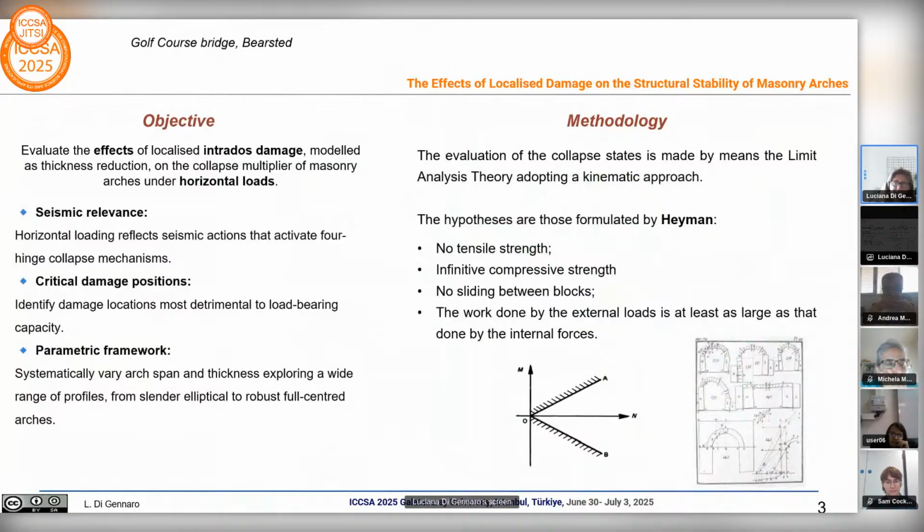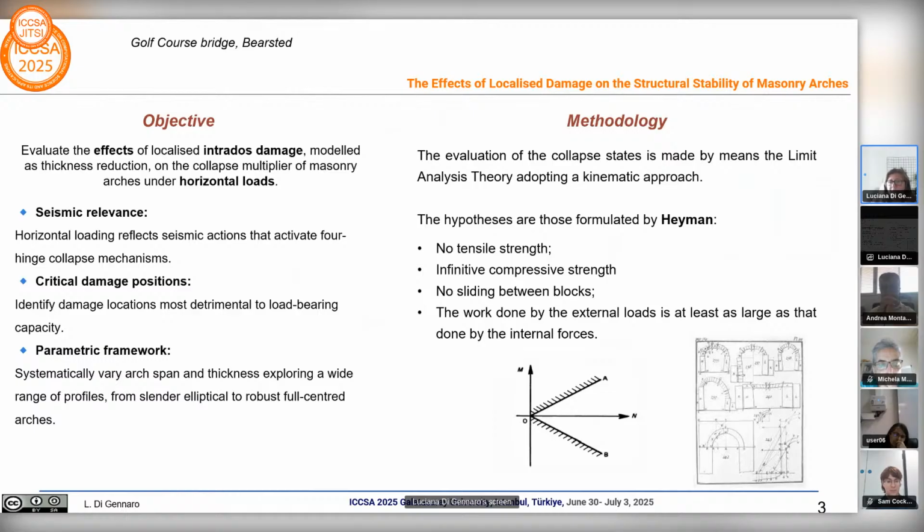In particular, the damage considered in our study was modeled as an intrados local reduction in thickness, and a specific load condition was analyzed, where the arch is subjected to its own weight and to horizontal forces.